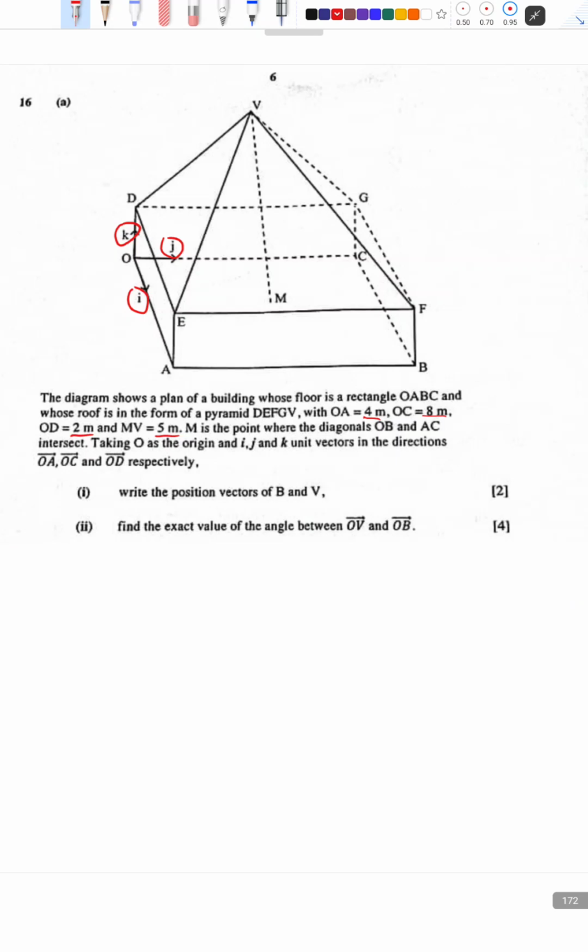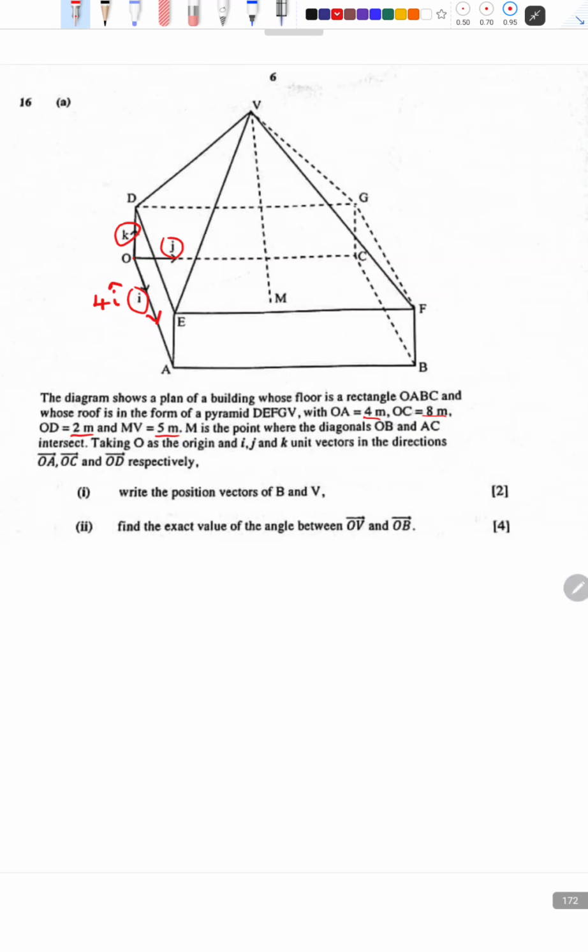Right. So since they are saying OA is equal to 4 meters, I'm going to write OA is 4i. But remember, the arrow is facing the A direction from O. So this is 4i. It's now a complete vector.